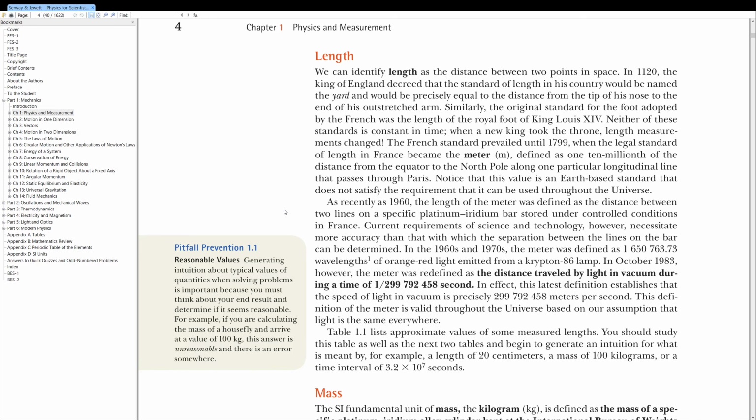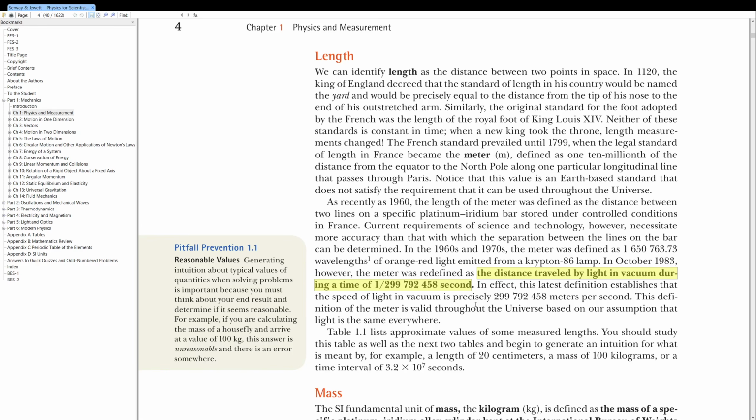And so in the 60s and 70s, they redefined the meter as a certain number of wavelengths of orange-red light emitted from a Krypton 86 lamp, right? And in 1983, the meter was defined as the distance traveled by light in a vacuum during a time of 1/299,792,458 of a second. We just say 300 million as a nice round number.